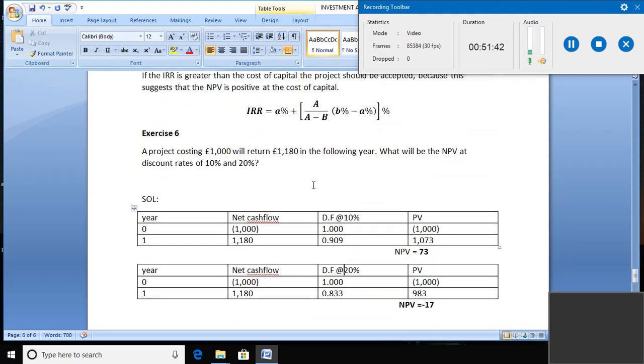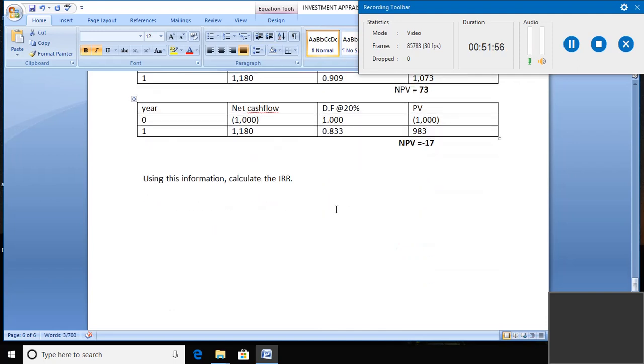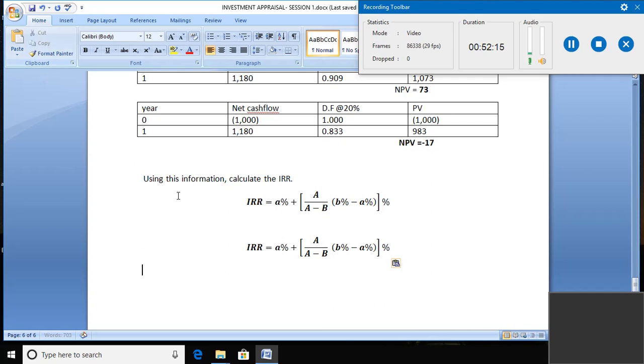So let's calculate the internal rate of return. So bring down your formula. Okay, so there we have it. So it's time to apply. So internal rate of return equals A percent, which is the 10%.